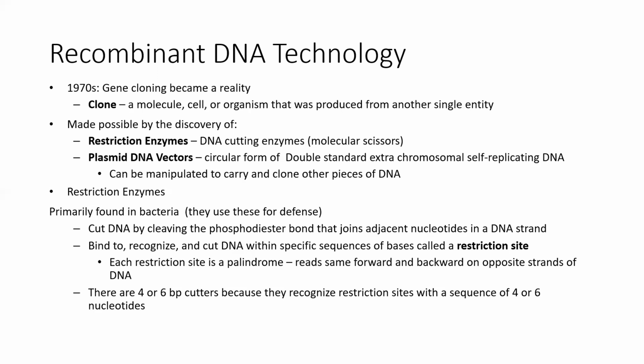Each restriction site is a palindrome, reading the same forward and backward on opposite strands of DNA. A palindrome here means a six nucleotide base pair sequence, for example adenine, adenine, guanine, cytosine, thymine.